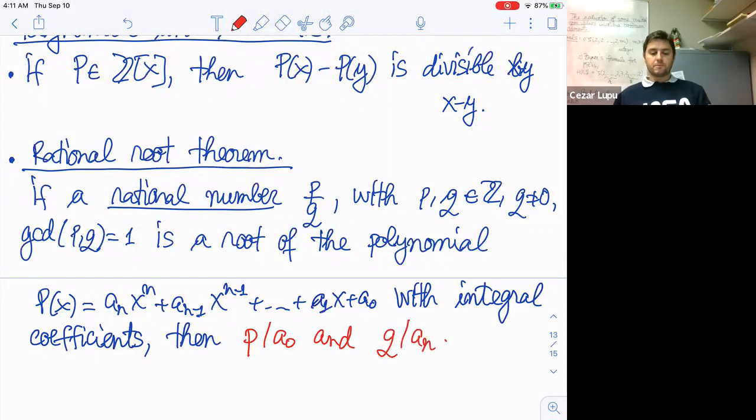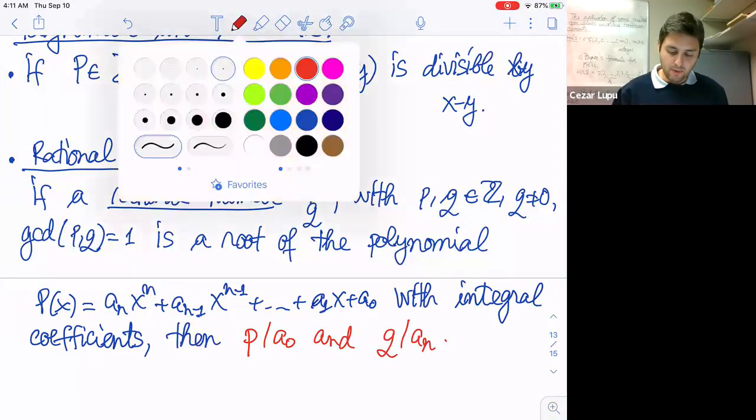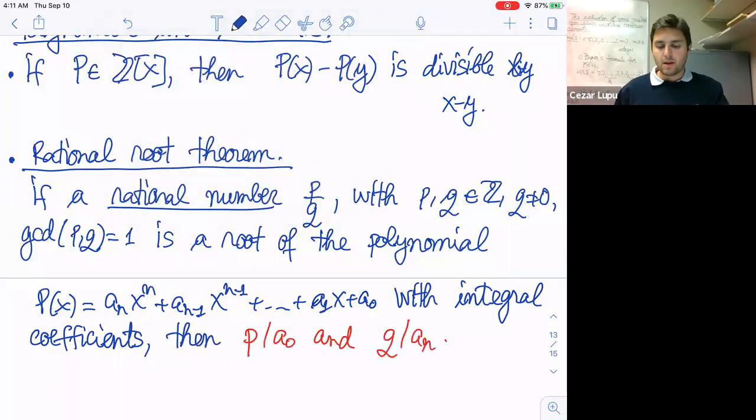So that's the rational root theorem, which is important. Anyway, we'll see some applications. I think one of the problems from the worksheet will require this at some point. I'm not going to spoil it, and I'm not going to say which problem that is.